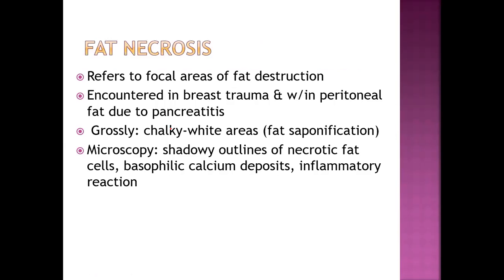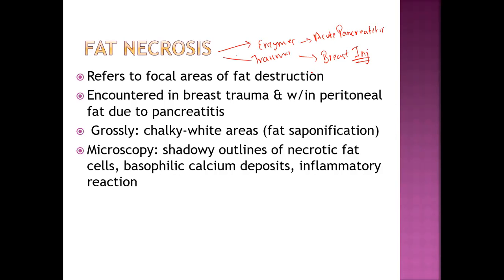Now fat necrosis. Fat necrosis may be of two types: one due to enzymes and another due to trauma. In enzymatic, we have acute pancreatitis, and the other is breast injury, which is trauma.